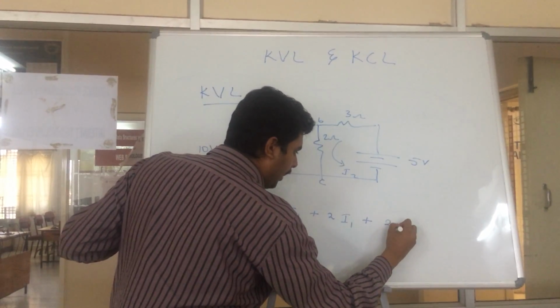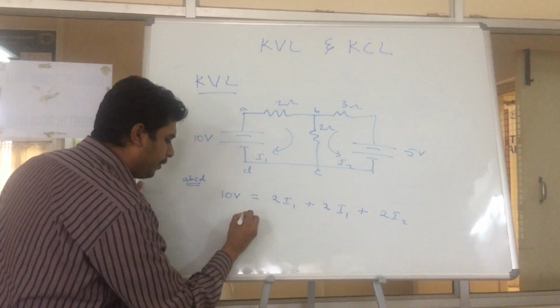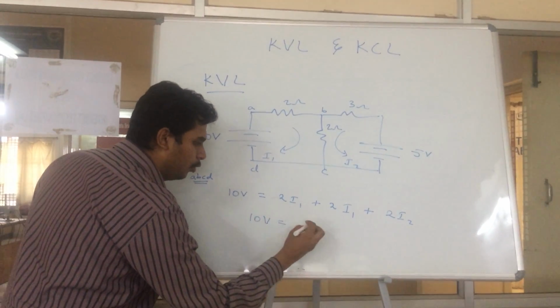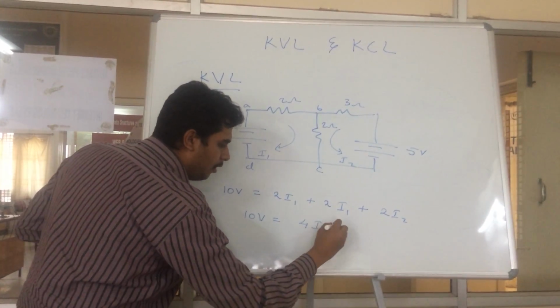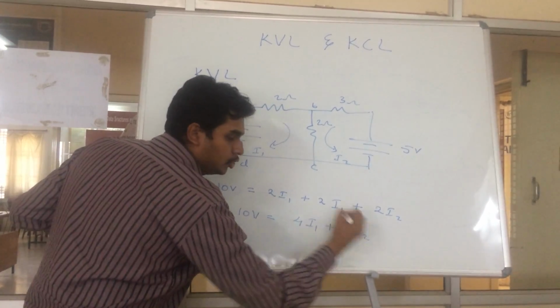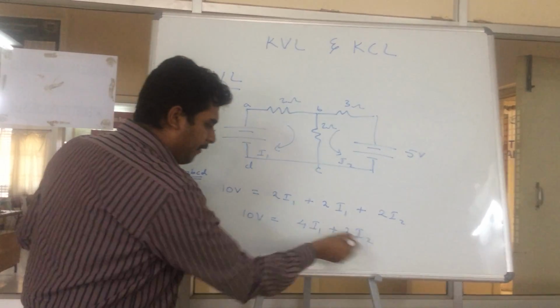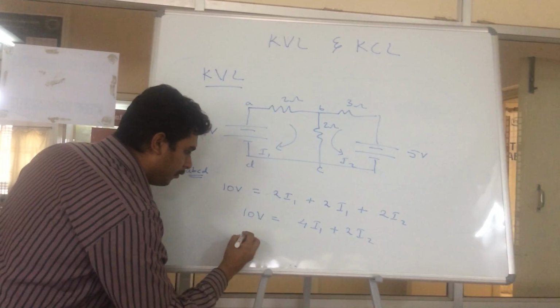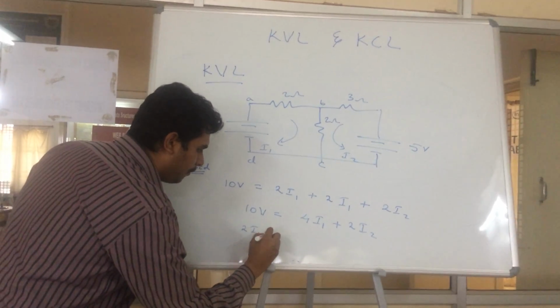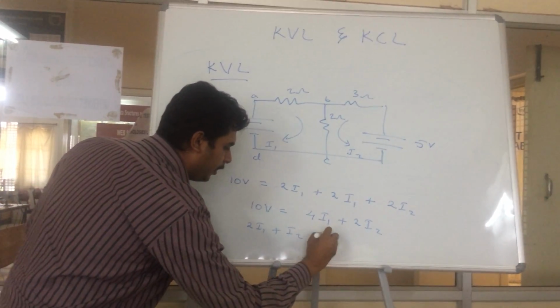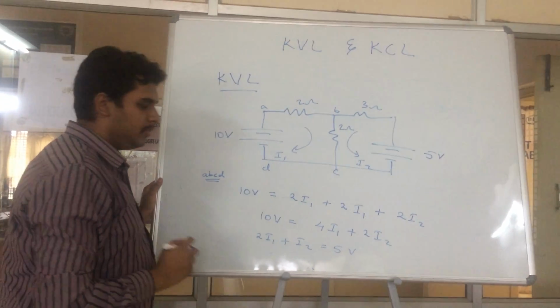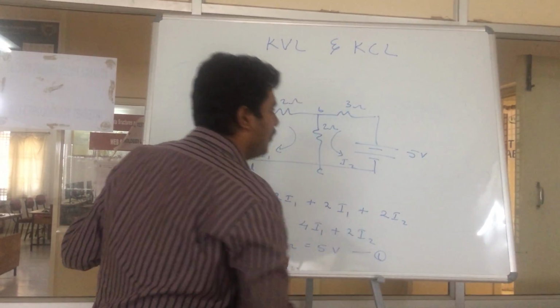The required equation becomes 10 volts is equal to 4I1 plus 2I2. Taking 2 as common, we get 2I1 plus I2 is equal to 5 volts. Let us take this as the first equation.